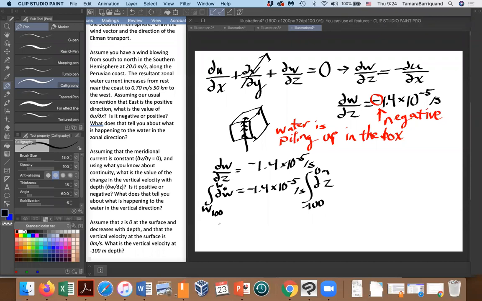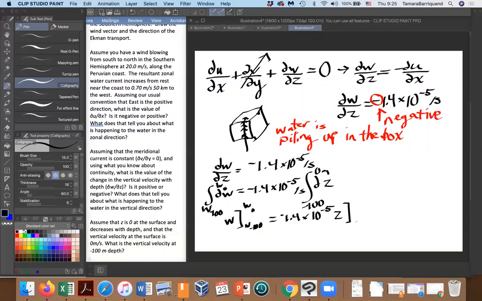All right, so on this side, I just get w, which will go from my w at negative 100 meters up to my w at the surface. And that will be equal on this side to my constant, negative 1.4 times 10 to the minus 5th, times just z. That's the integral of dz is going to be z.